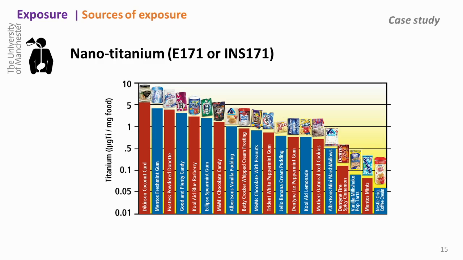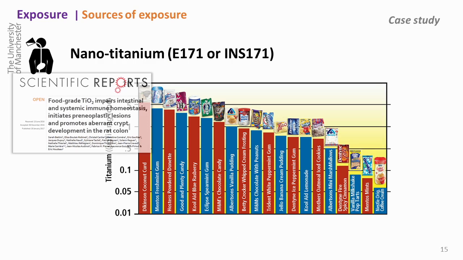Nanotitanium is also a food additive. I don't know if you have heard before about E171. It is used to change the color of food, and it is used quite widely in many different kinds of foods.